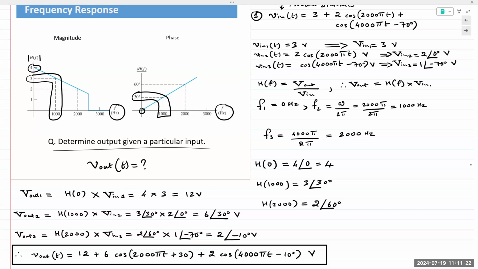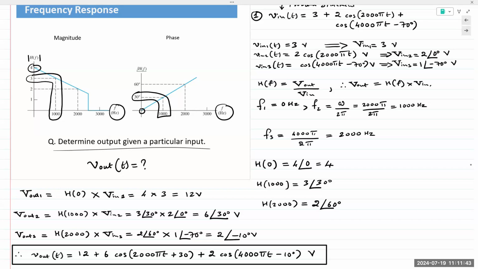And for V in 3, 1 volt goes to 2. So all three components are being amplified. All three frequency inputs are being amplified. They are being made stronger. They have higher magnitude. Not at the same length, of course, not at the same strength, but it's being amplified.